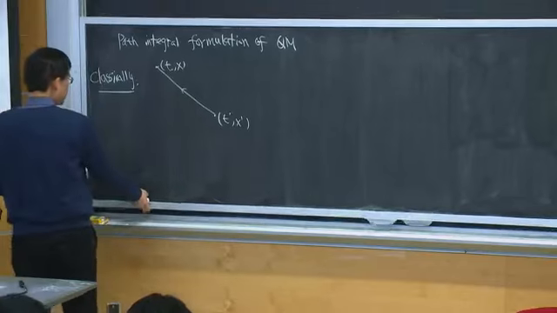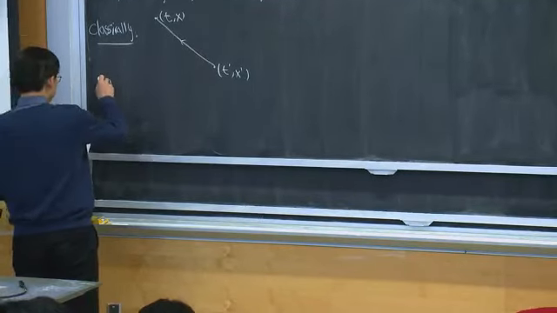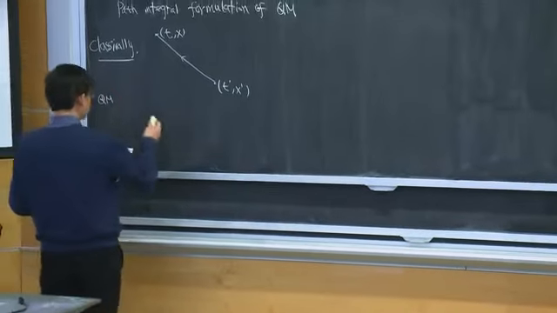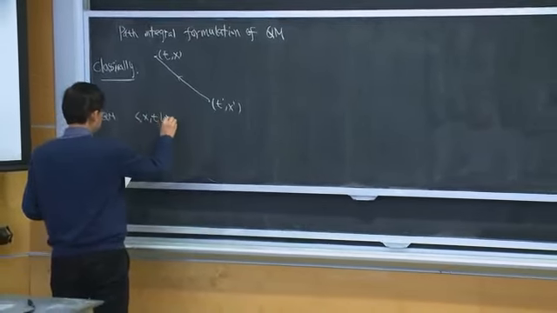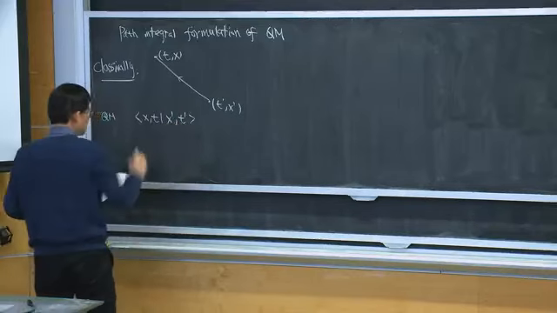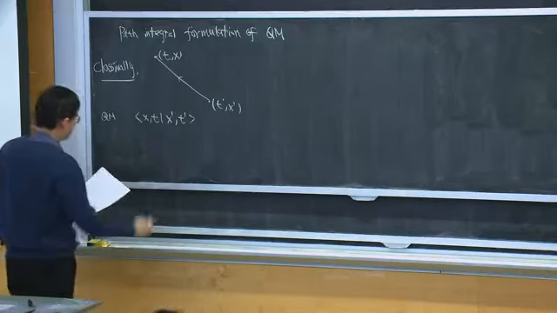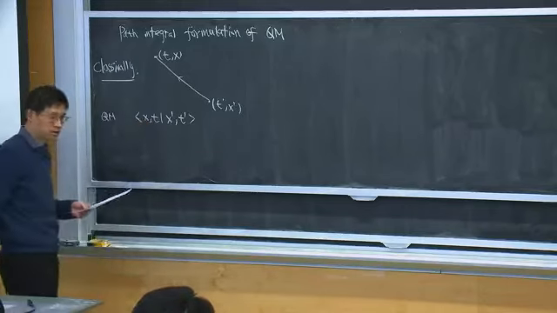Quantum mechanically, you ask a different question. You ask what is the transition amplitude if at t prime you are at location x prime, and at time t you are at location x.